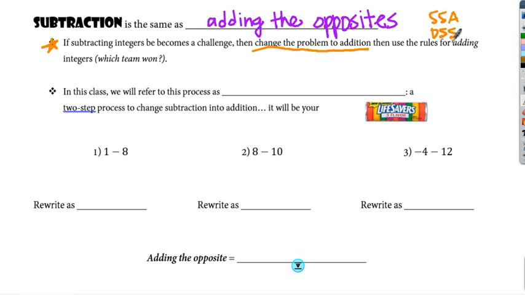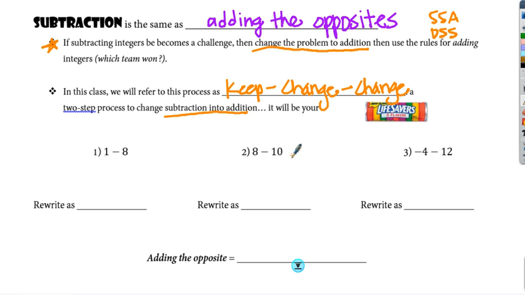And in order to do that, we're going to use this process called keep and change. This is the name of the rule that we're going to use for this. Keep, change. This will be a simple two-step process to change subtraction into addition.